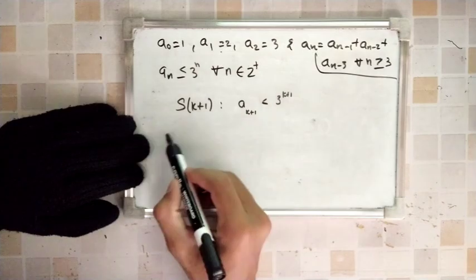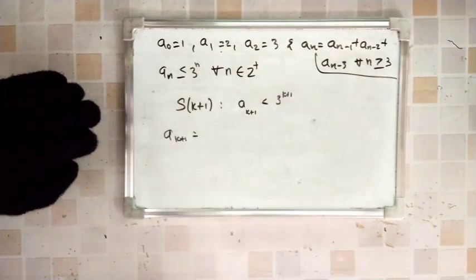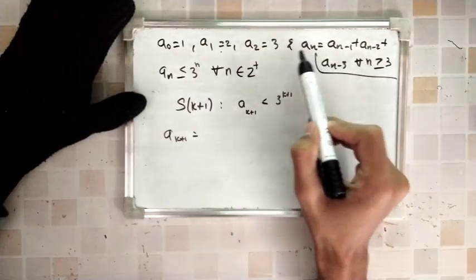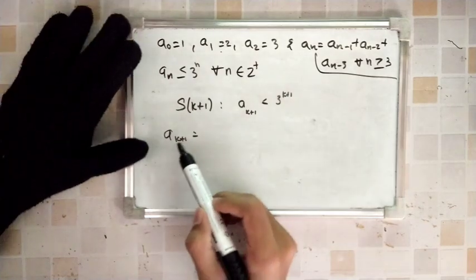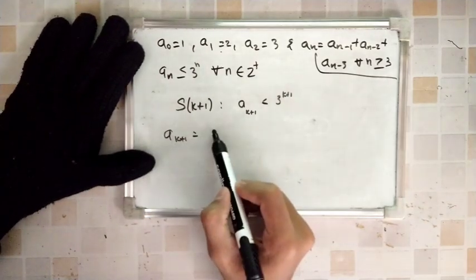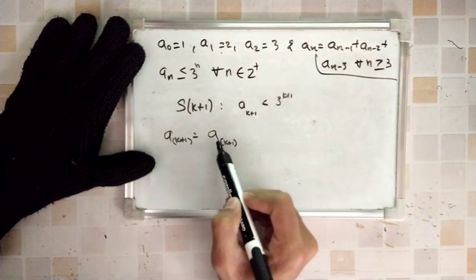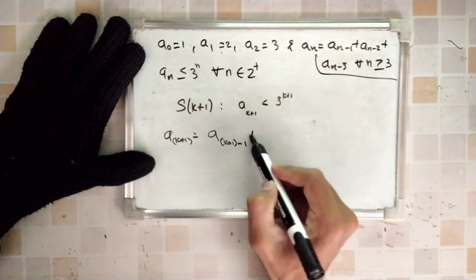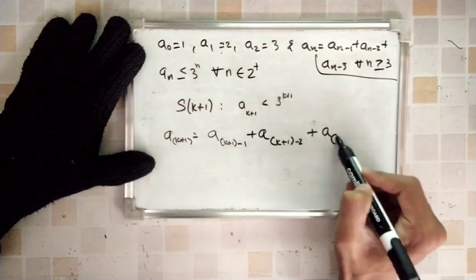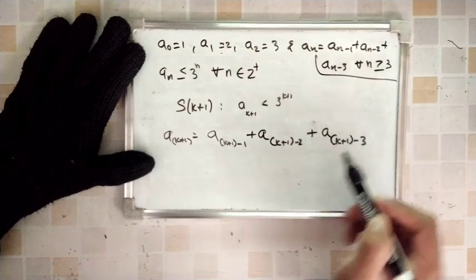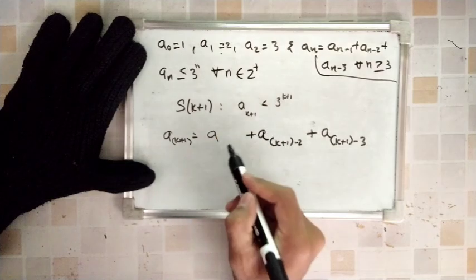Then first I will only consider a_(k+1). Here in this equation I have a_n equals a_(n-1) plus a_(n-2) plus a_(n-3). So for a_(k+1), instead of n I have k+1, so a_(k+1-1) plus a_(k+1-2) plus a_(k+1-3). K+1-1 is nothing but k, so I have only a_k here.